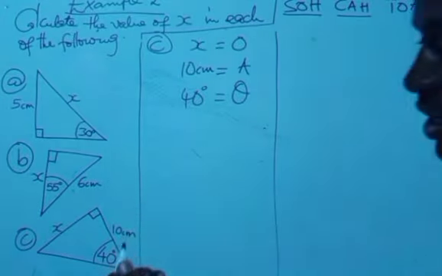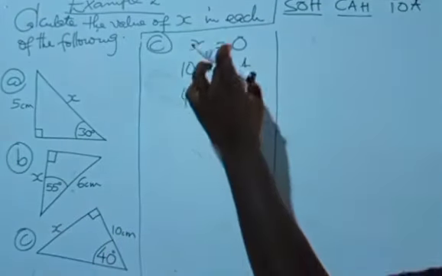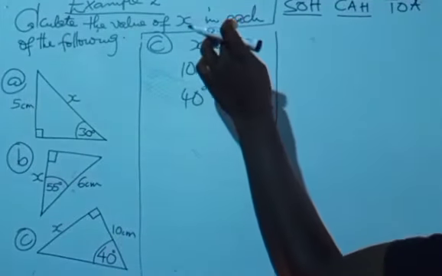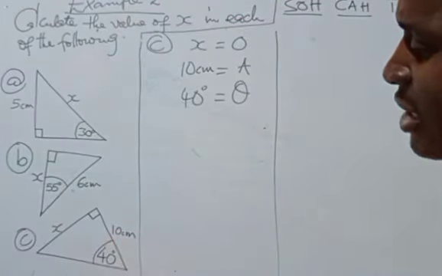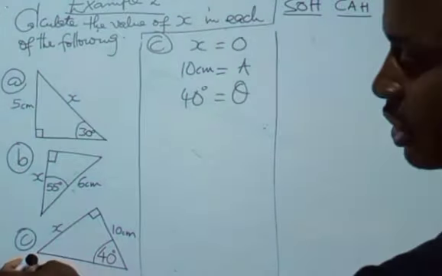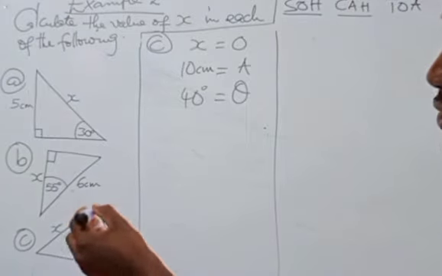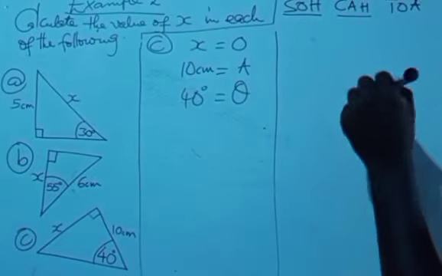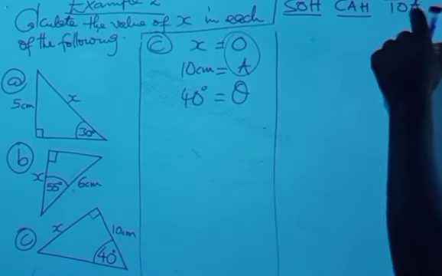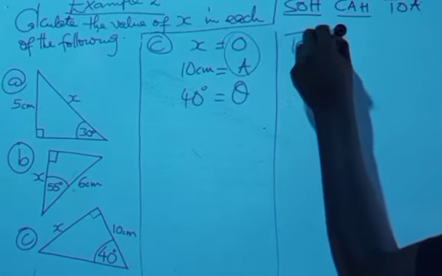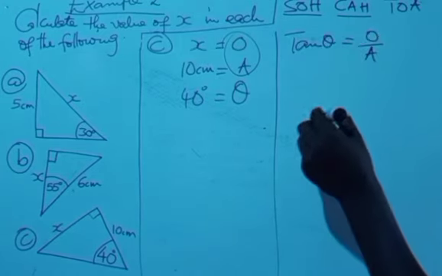I've already identified: x is the opposite of 40 degrees, so x is O. Then 10 is the adjacent, because this other side is the hypotenuse, because of that 90 degree angle we are seeing there. Which ratio has O and A? It is tan. So we are going to say tan theta is equal to O over A.